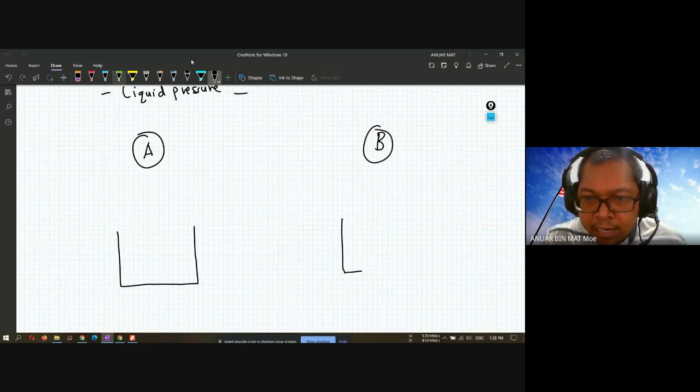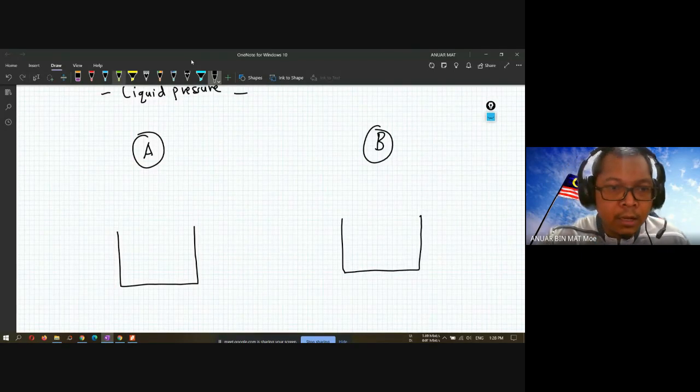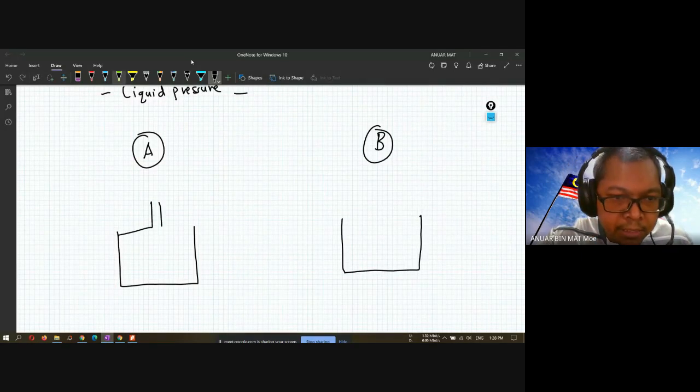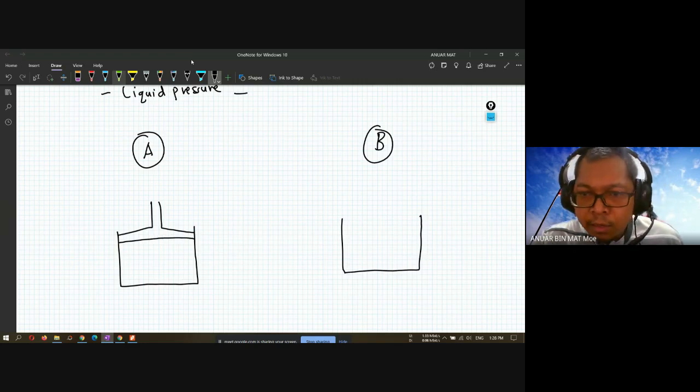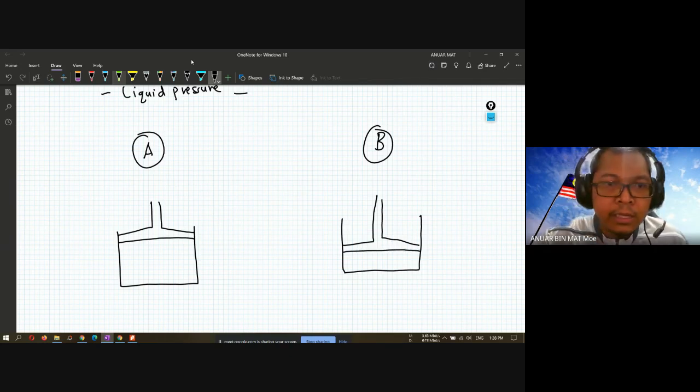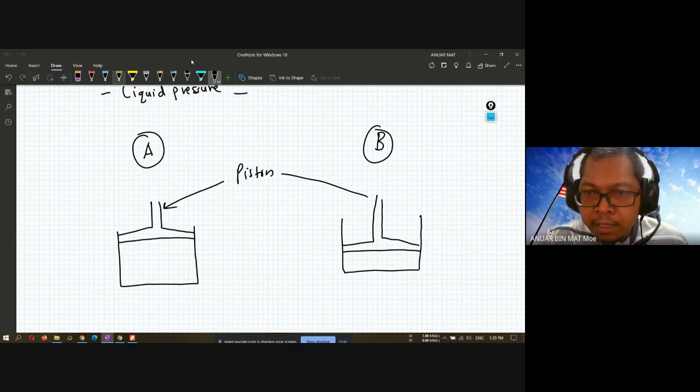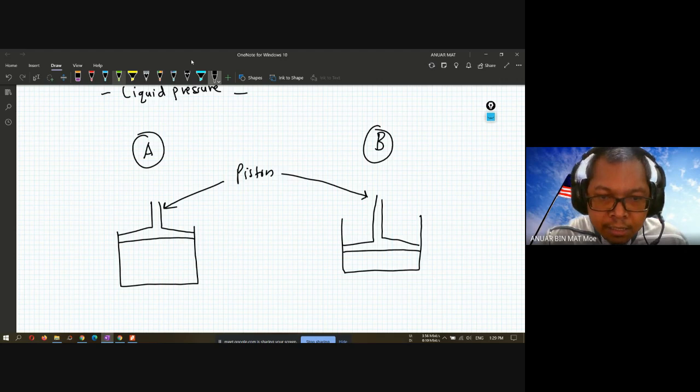This also an identical container, all right? And then this is the piston. This is the piston, and this is also the piston. Identical containers, same piston.